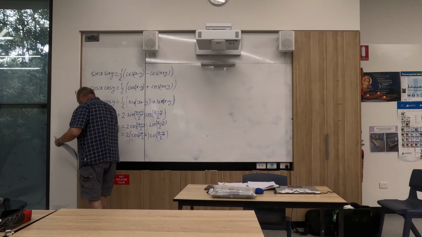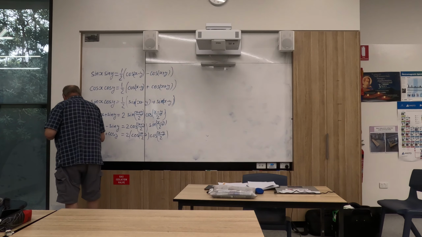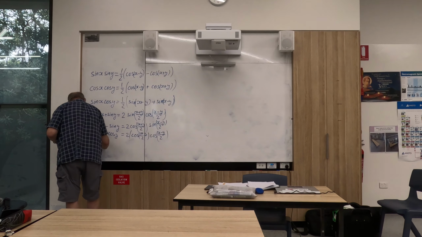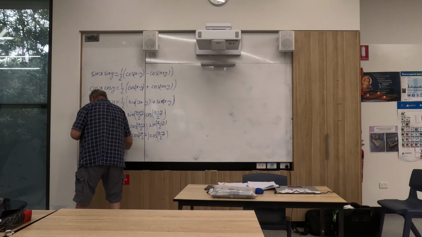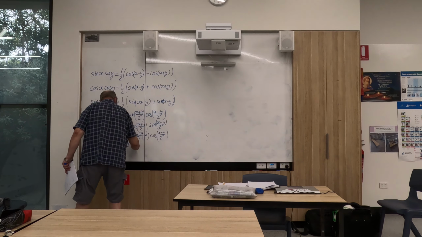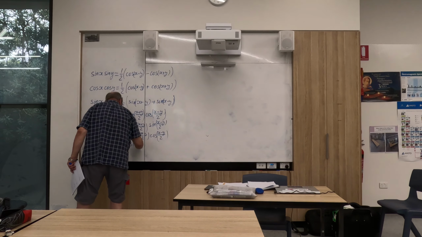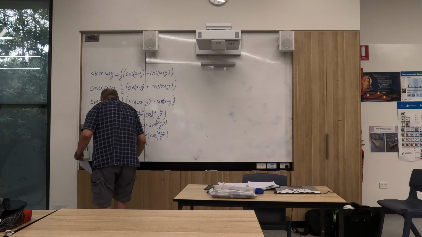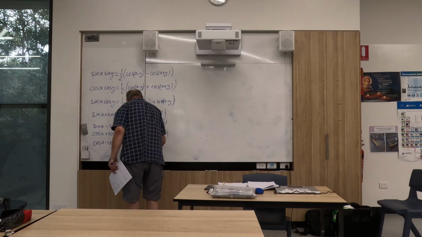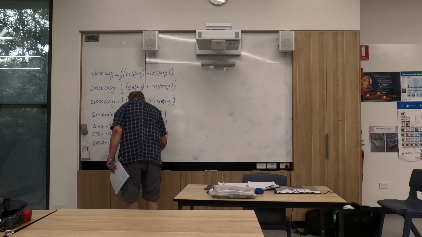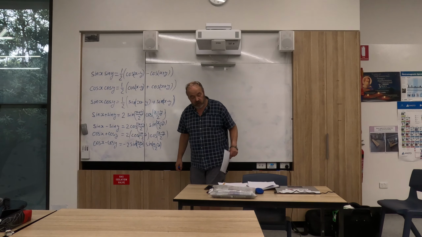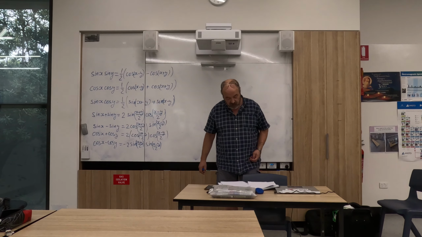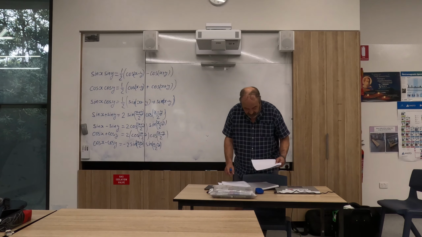If we have cos x minus cos y, it's equal to negative 2 sine x plus y on 2 times sine x minus y on 2. You don't need to memorize those formulas, they all will be on the formula sheet. But you need to be able to apply them.